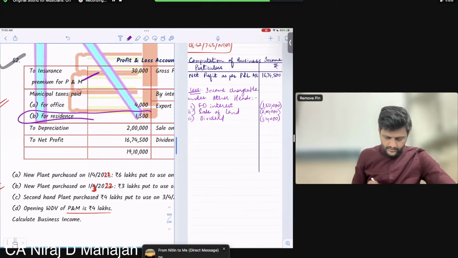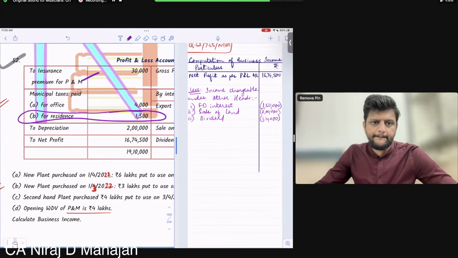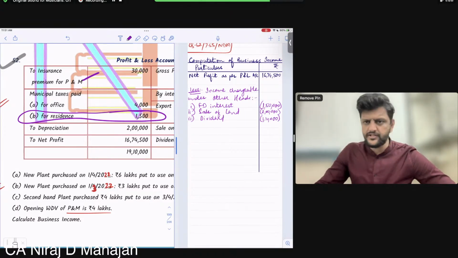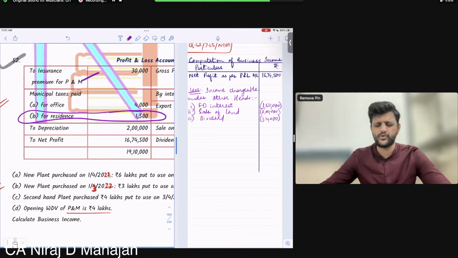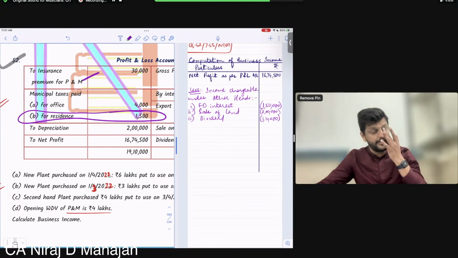Okay? Because otherwise all your food expenses, movie expenses, clothing expenses, everything will be put as business expenditure. So, only those expenditures are allowed which are wholly and exclusively for business purpose. Fully 100% and only for business purpose.